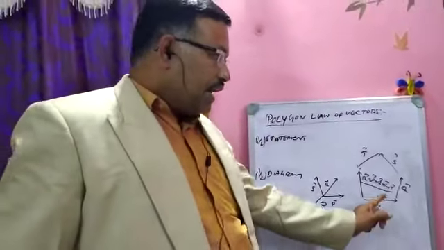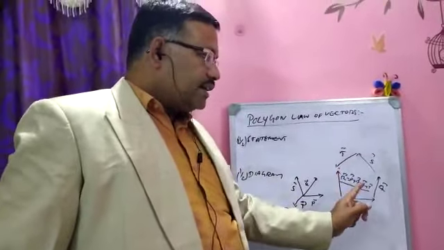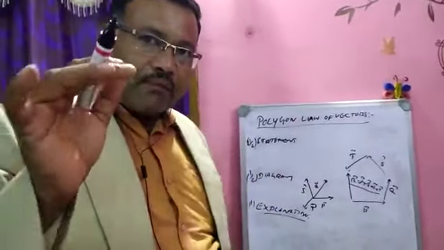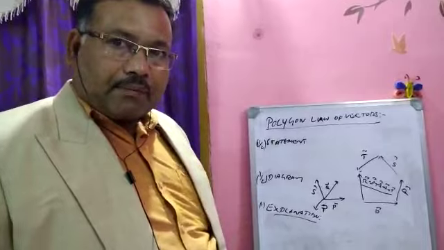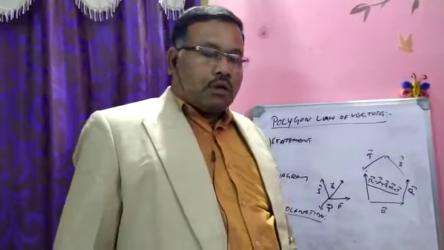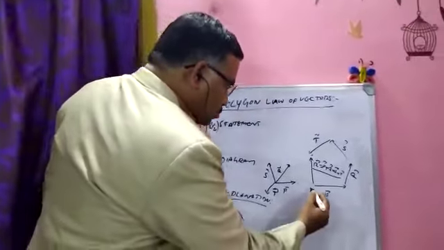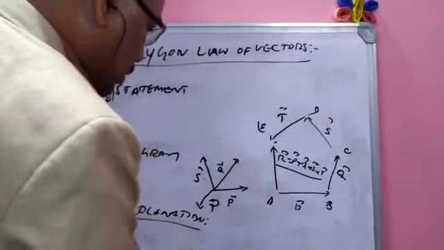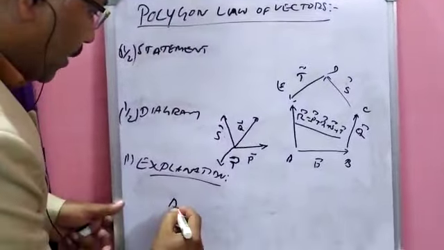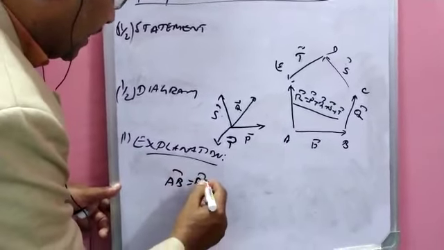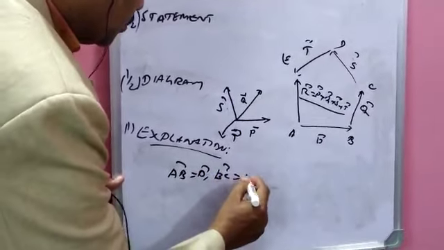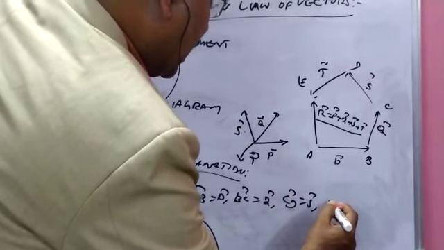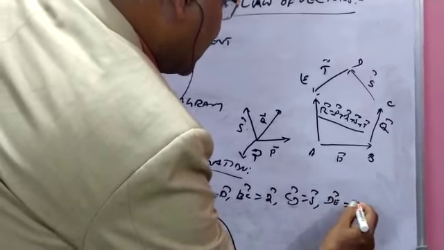We are getting a polygon, and here we get 5 sides, so it is called a pentagon. We can add any number of vectors like this; the common name for this type of diagram is polygon. We can also name the points A, B, C, D, E. The 5 sides: AB gives the P vector, BC gives the Q vector, CD is the S vector, and DE is the T vector.